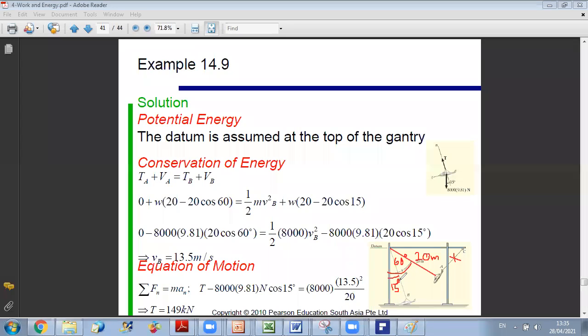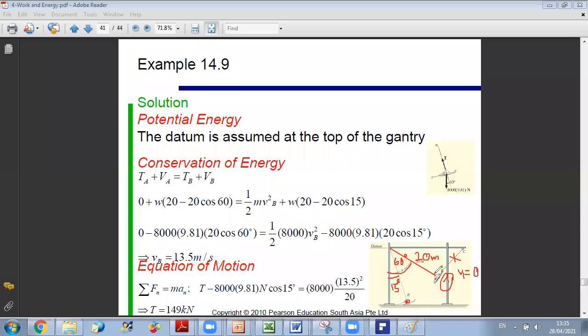Now, first they want to find the speed just before the crash. So in general, why should we think about doing work and energy? Here we can think about work and energy because we know the initial position, state 1. We completely know it. We know the velocity at state 1 is equal to 0.